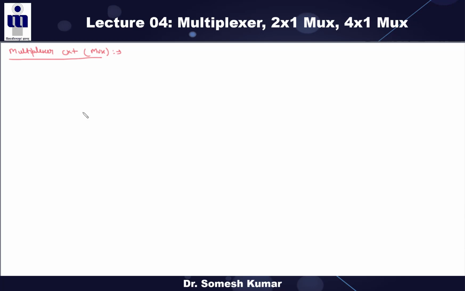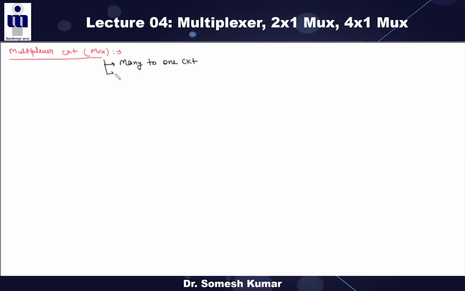The alternative name of this multiplexer circuit is many to one. It is also called the many to one circuit, meaning there are multiple inputs and one output, right? It acts as a data selector.